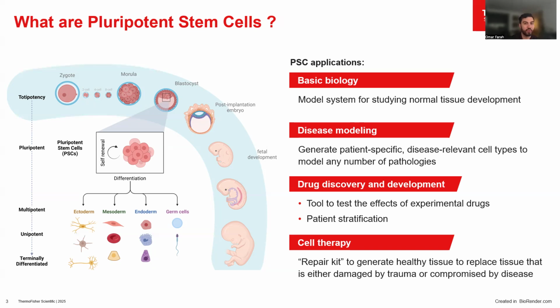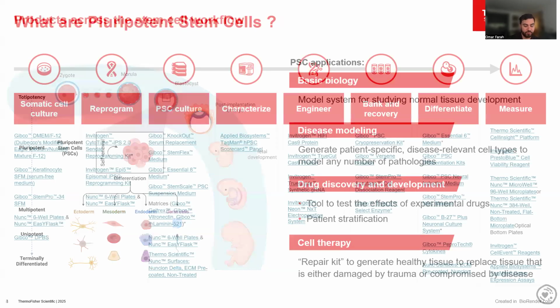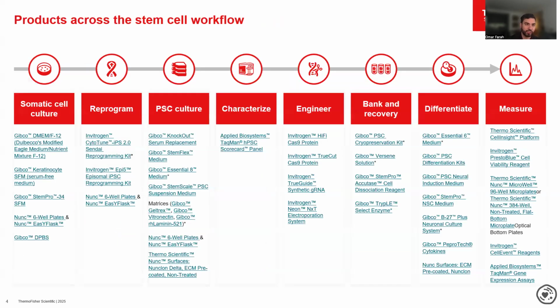So I hope that gave you an idea about how we can use these cells in the lab and what things we're going to be talking about throughout our entire lecture series. You'll notice from this point forward that our lectures will follow a very similar pattern to how we use these cells in the lab. Typically, we describe that as a workflow.